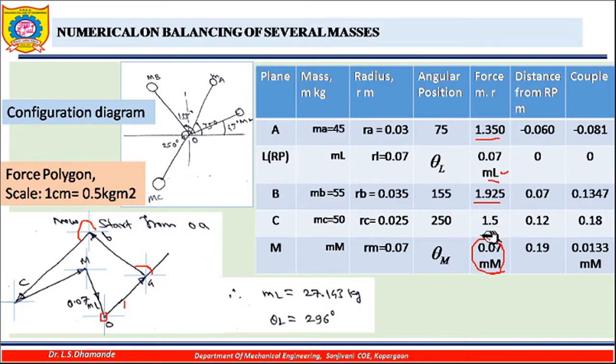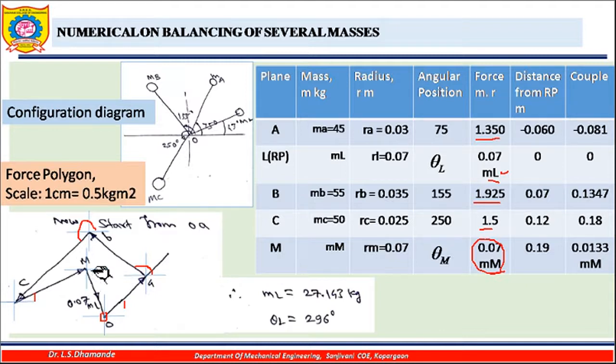Its magnitude is 1.5, so I calculate the proportional length using the scale and draw this third vector. Then next is M. Its magnitude is known to me at this moment, so that magnitude divided by scale gives the length of this vector, and the angular position is 23. I will draw it from here.